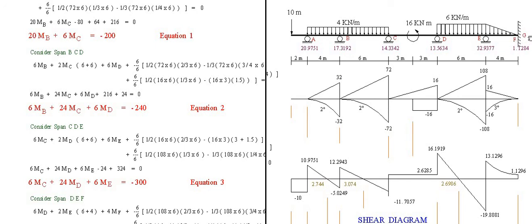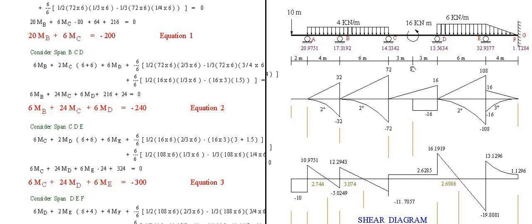F, G is imaginary span, because in a fixed end, we have another redundant unknown here, the moment here on the right. Then we create this to make a 2 span beam. So the last 5th equation is 2 span E, F, G.